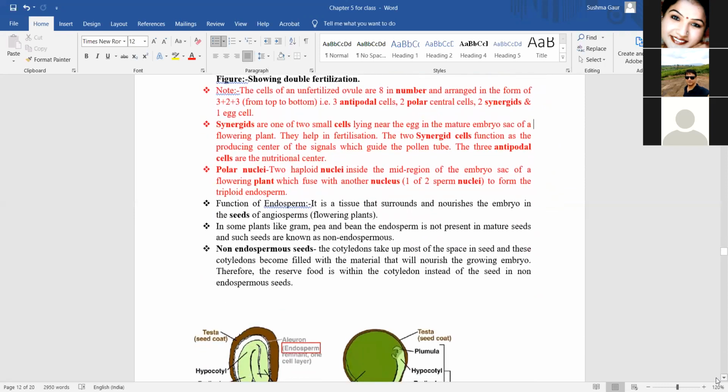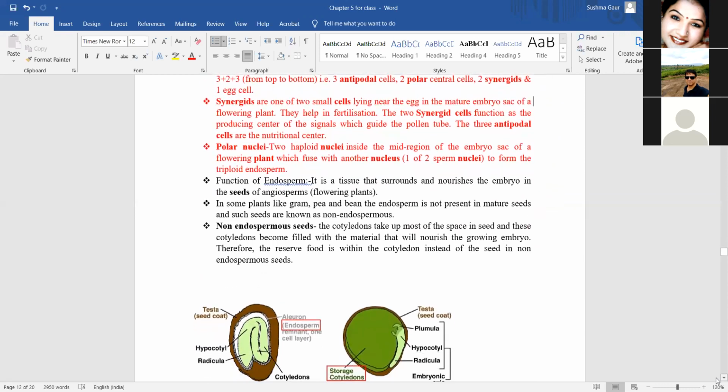आपको if you are going to attend NEET तो उसमें भी जरूर पूछा जाएगा what's the function of each cell, total कितना cells होगा, तो you should know 3 antipodal, 2 polar, 2 synergid and 1 egg. So there will be 3 plus 2 plus 2 plus 1 condition.